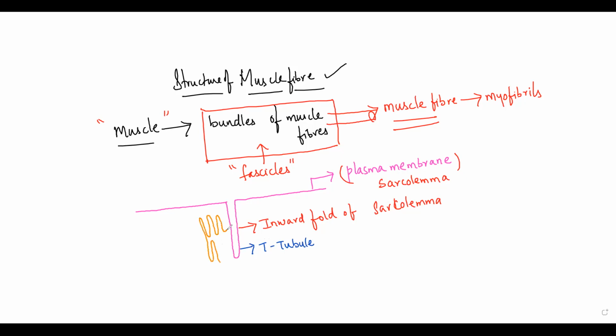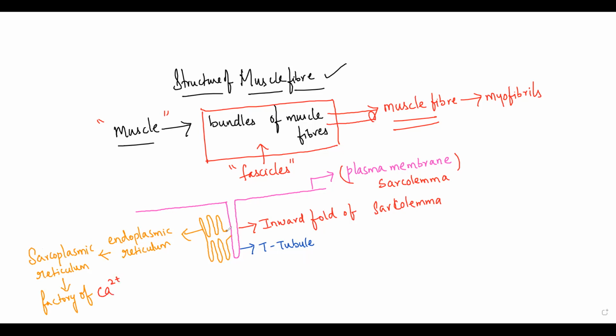In usual normal cells we call it endoplasmic reticulum, but here in a muscle fiber we call this the sarcoplasmic reticulum. Okay, children. This sarcoplasmic reticulum, as I told you, is going to be the factory of calcium ions, right? This we have seen in the structure of skeletal muscle video.